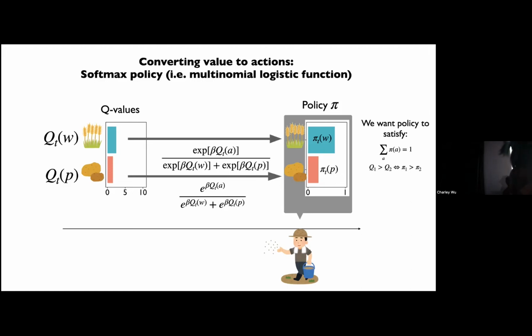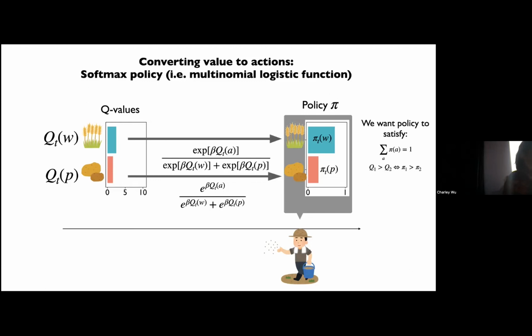And why do we need the exponential of the Q value? What we want here is the property that the higher the Q value, the more likely you choose that option. But the Q value itself could be negative. For example, if you get some poisoned potato, you get a really negative experience, so your Q value might go below 0.